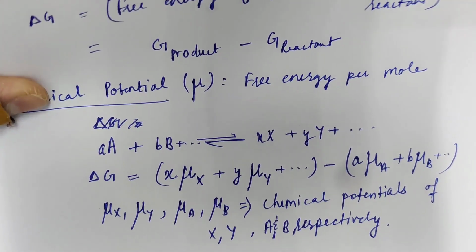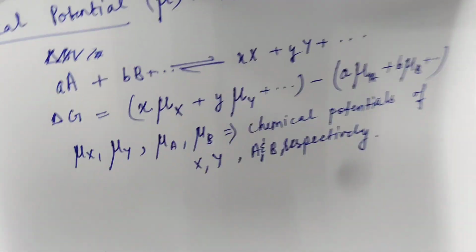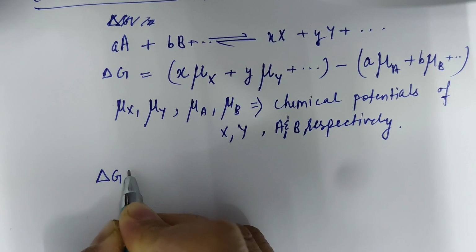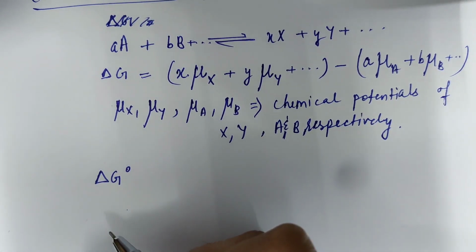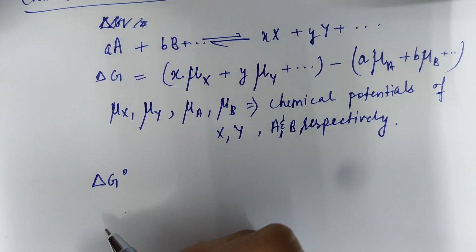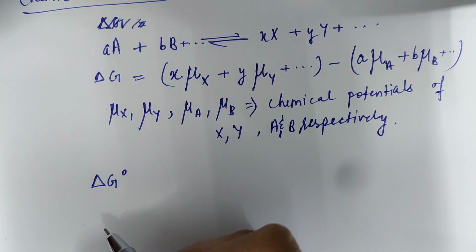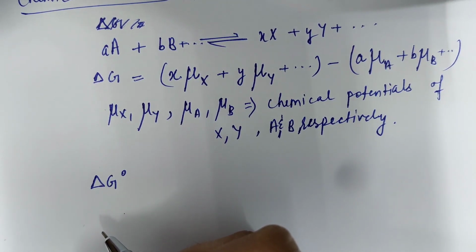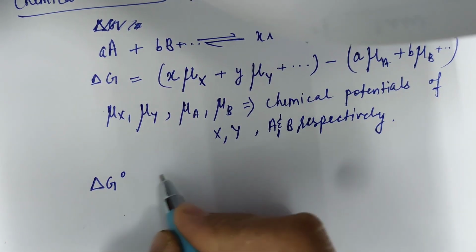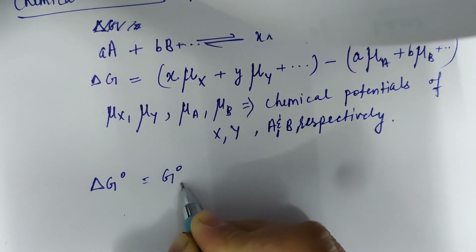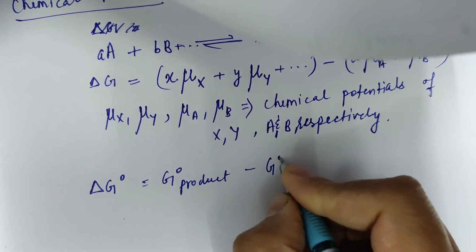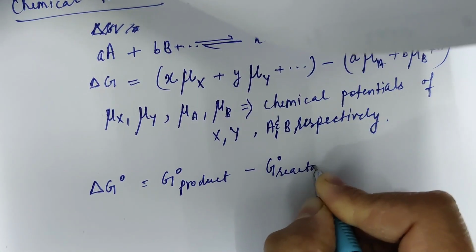Similarly, how do we represent the standard chemical potential? First, what is standard Gibbs free energy? Standard Gibbs free energy is the Gibbs free energy of any reaction at standard temperature and pressure conditions. This is represented by delta G naught, that is, G naught of product minus G naught of reactant.